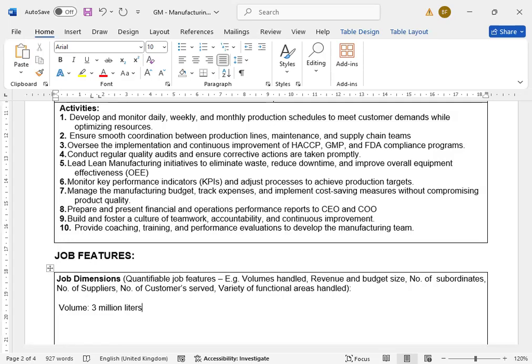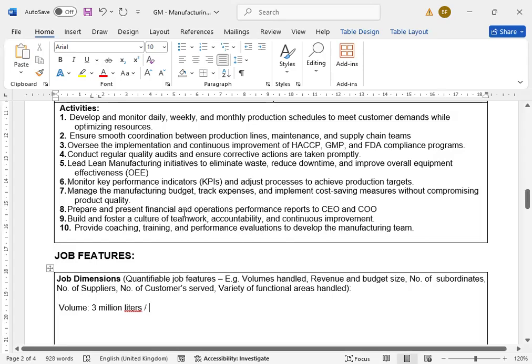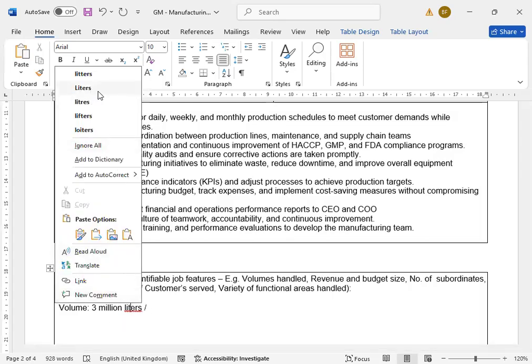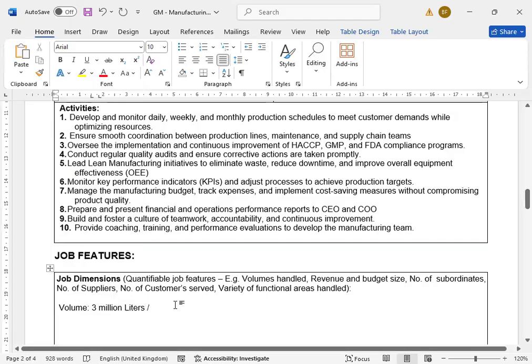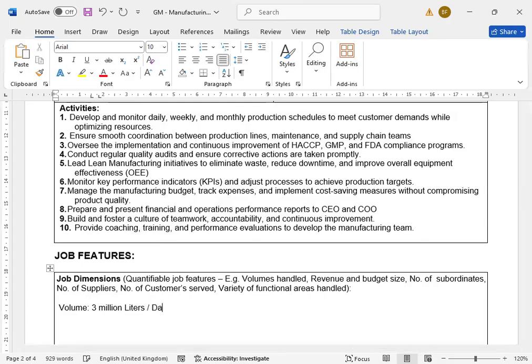What is UHT? Ultra high temperature milk. So let's say it is producing that in liters. Why is this not accepted? Liters. Okay, I'll make it capital. Liters. Okay, 3 million liters per day of operation. Oh, that's huge volume, right? This is for beverage.